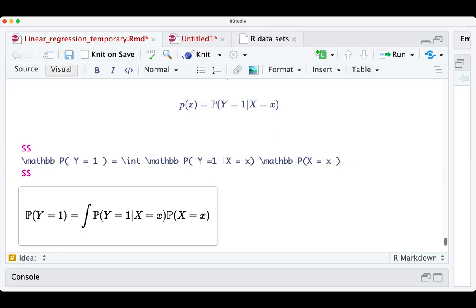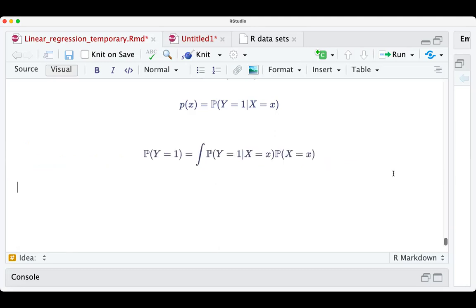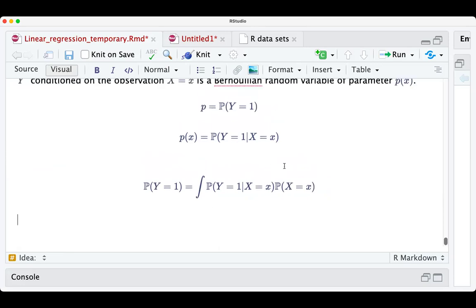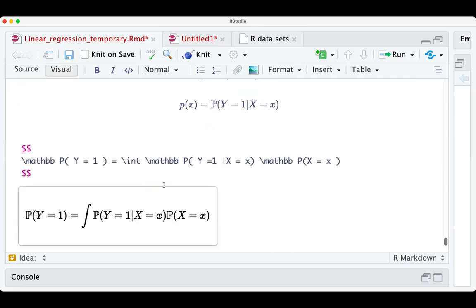This is written very badly in a mathematical way, but it's like the total probability formula. Instead of the summation, there is an integral. So this is the relation between p and p of x.